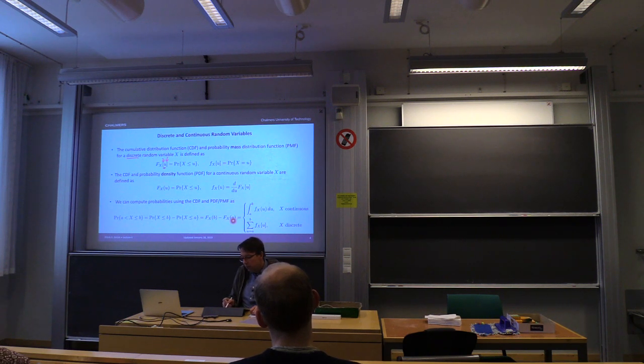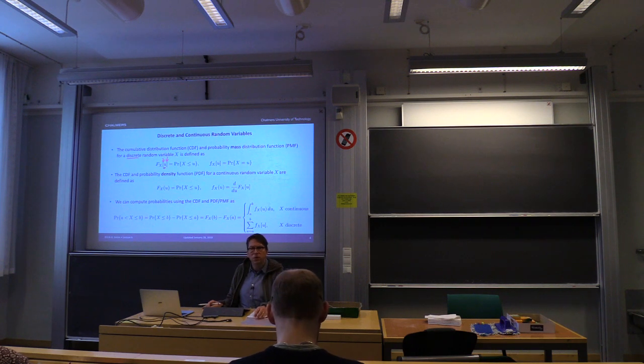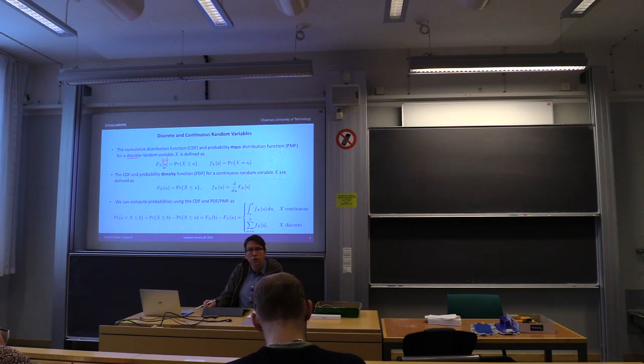Okay, and this can be written in terms of the CDFs. And if it's a continuous random variable, we can integrate the PDF to get this number. Or if x is discrete, it's a sum instead over the PMF. So hopefully this is not too much news for you. Is it? No. Okay. So let's continue then.